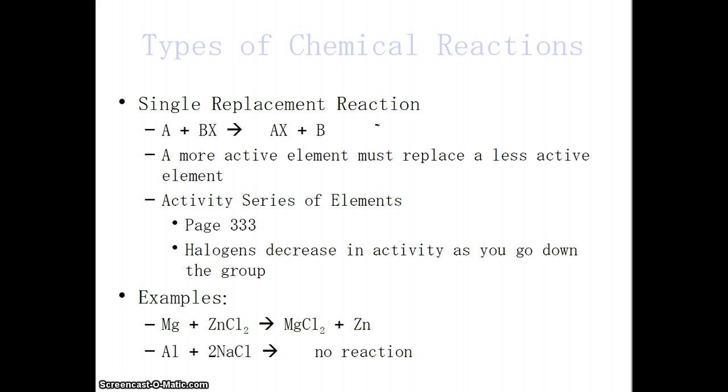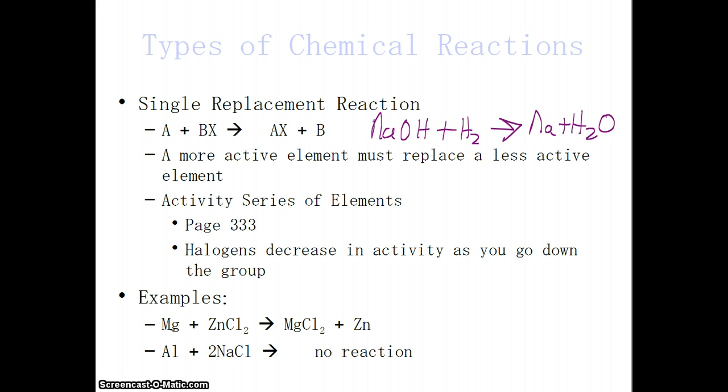If we think about something here, we can have sodium hydroxide plus hydrogen gas. That can make sodium metal and water. It just simply replaced one, basically one replacing another in an equation.